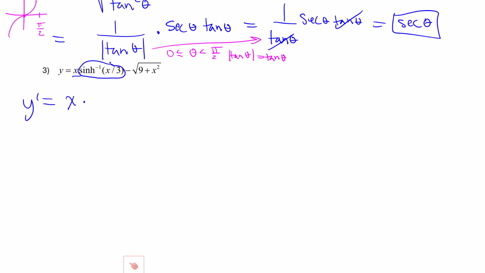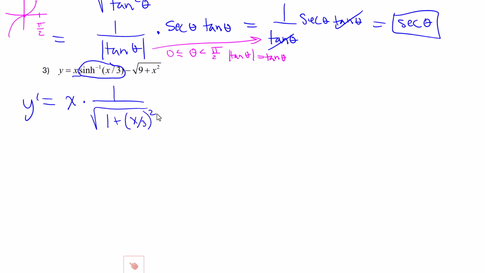This is going to use our formula from above, right? So if you look above and just recopy what that is, the formula would be 1 over the square root of 1 plus the input squared. Now the input in this case is x over 3.